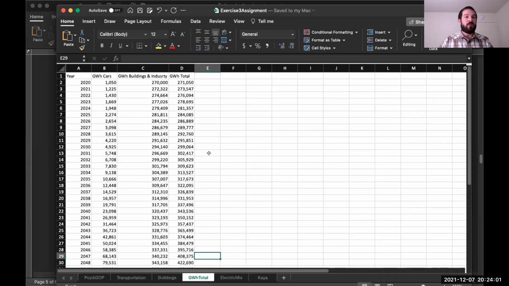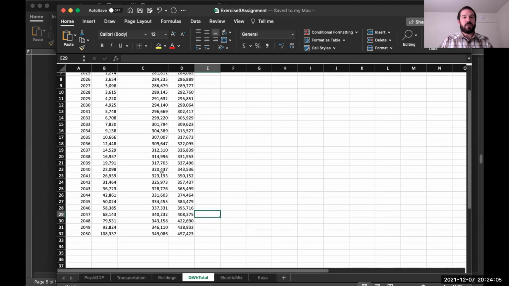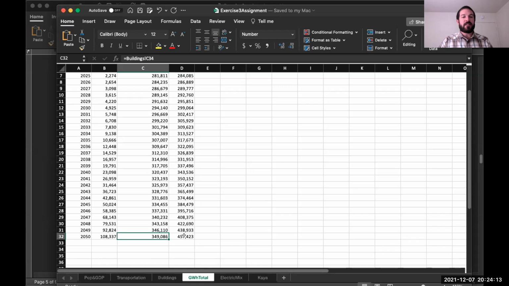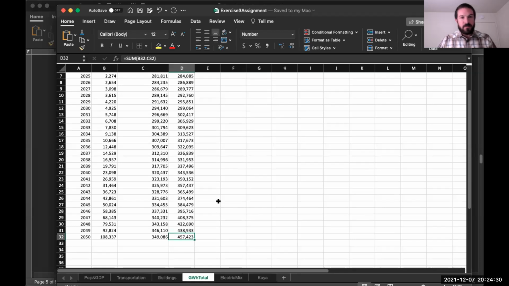So in total, what that looks like is this spreadsheet here, where we're just adding what we had for transportation with what we have for buildings and industry. And that's going to give us our end goal. This is how many gigawatt hours we're going to consume out in 2050 in California. A little over 450,000 gigawatt hours, all right?